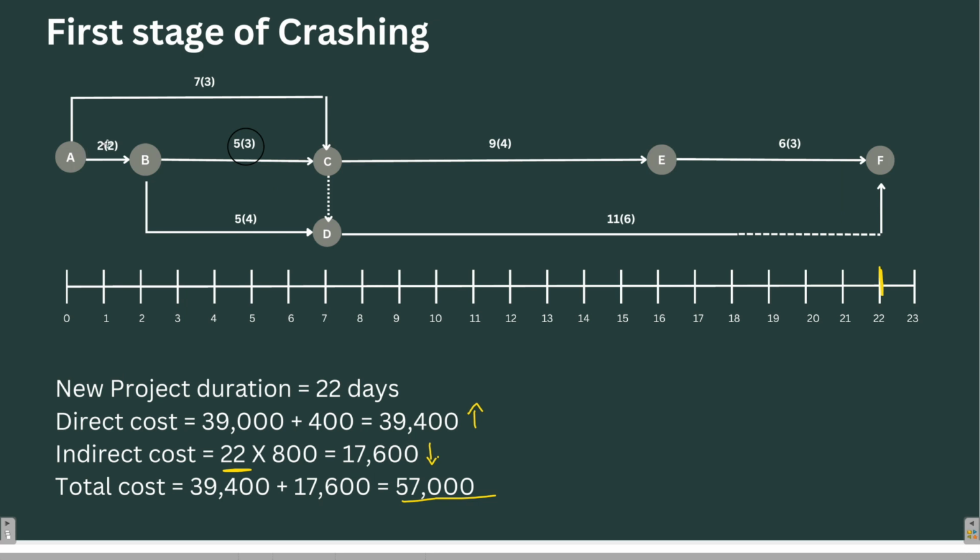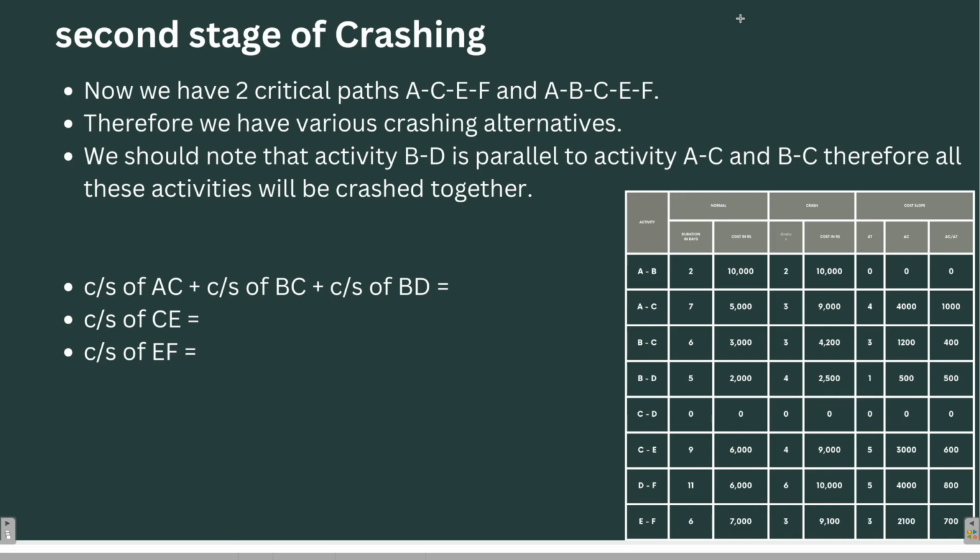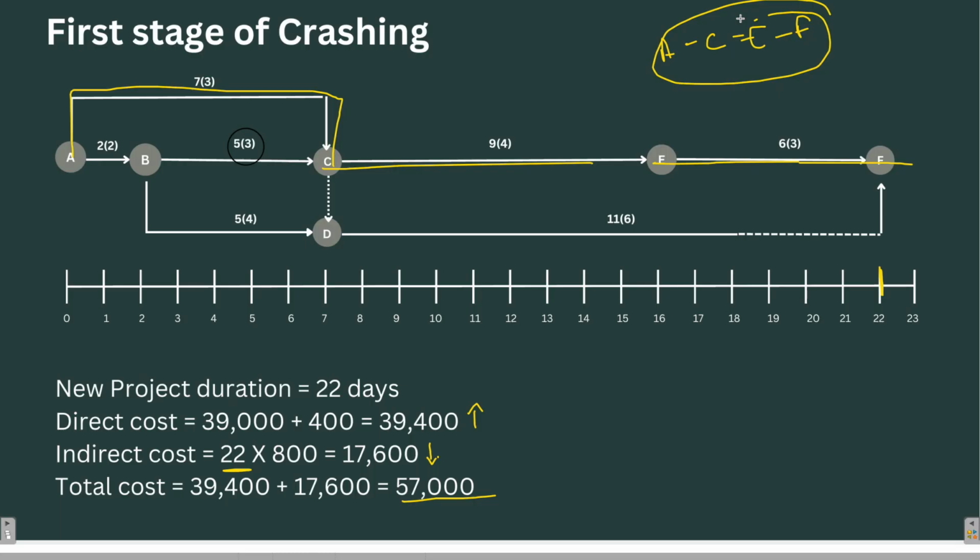Now A, C, E and F is also a critical path. You have to consider this path as well while crashing in the next stage. But also keep in mind that these three paths are parallel to each other.